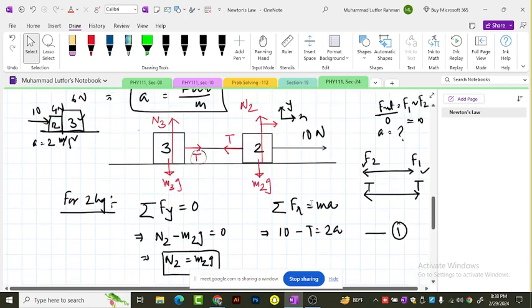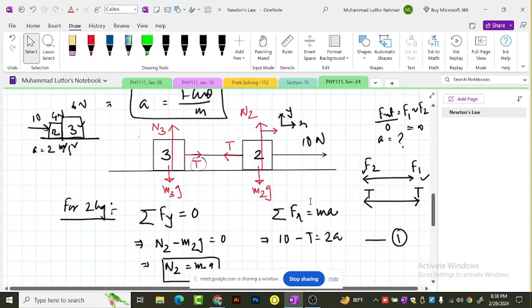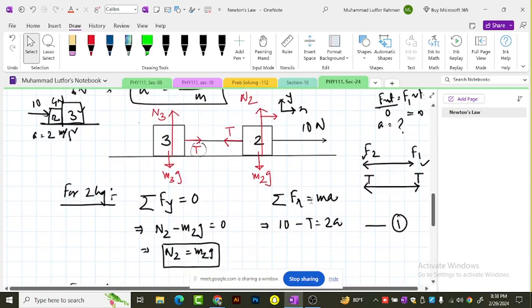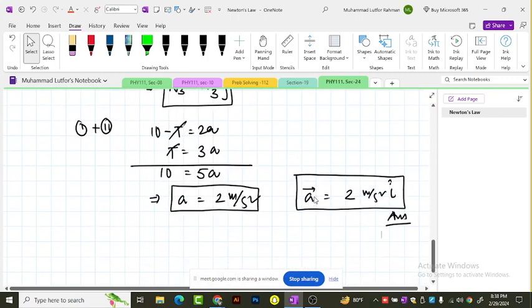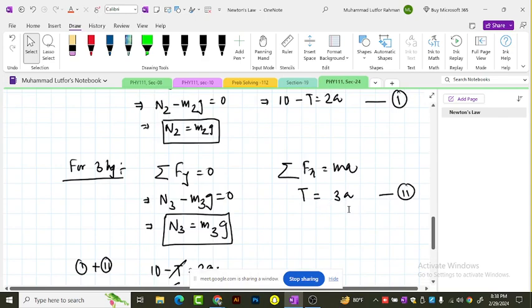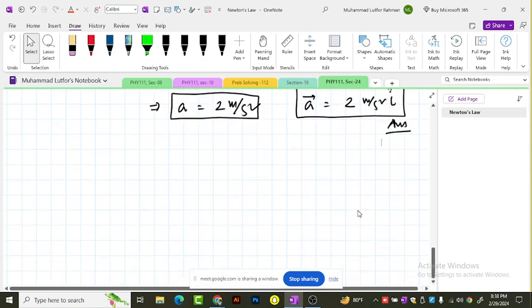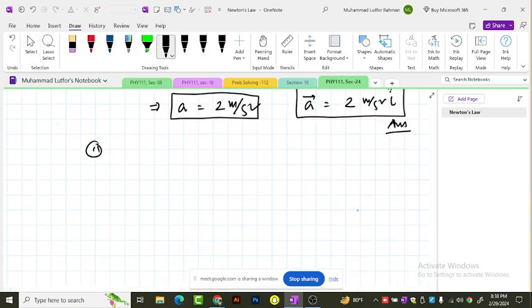Forces you can find out because along the x direction for the 3 kg body, I have only the T force, which from equation 2 is T equals 3a. I know the a, so equation 2 implies T should be simply 3 into 2, which is 6 Newton.